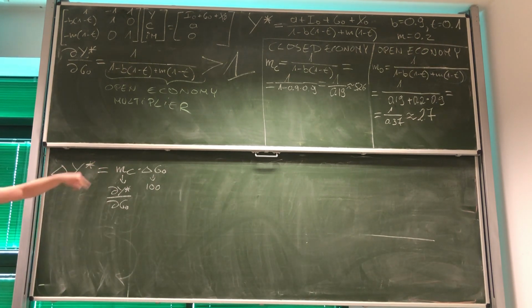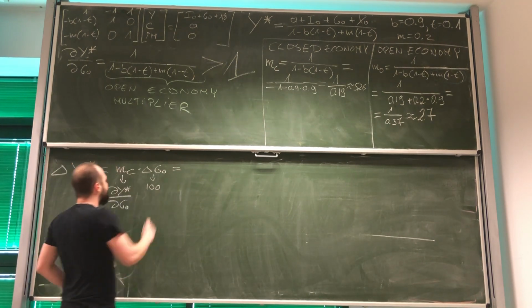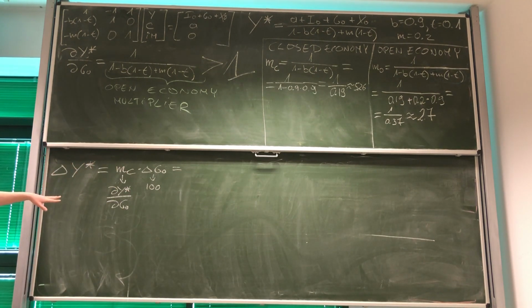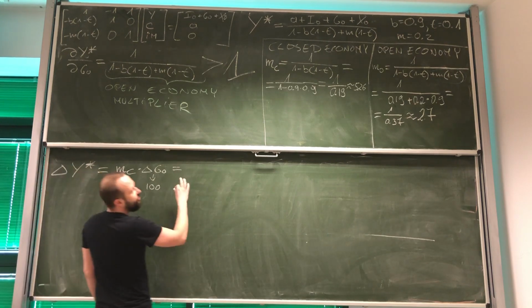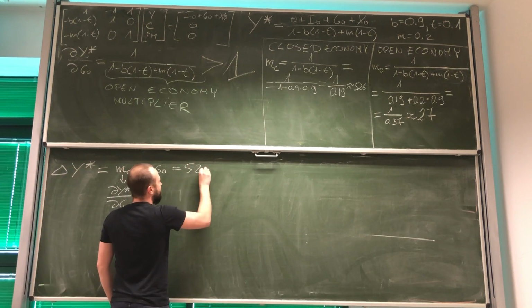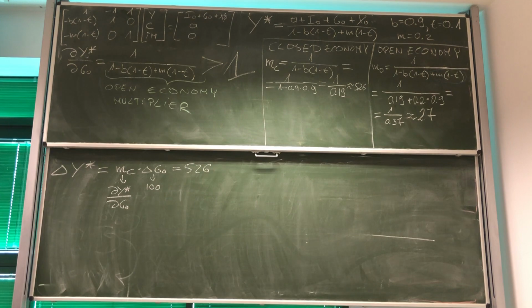And what do we get? In our case, if government increases spending by 100 in a closed economy, GDP increases by 256.